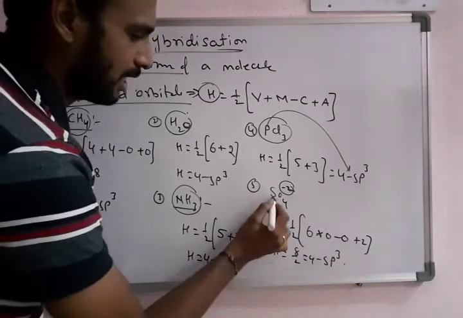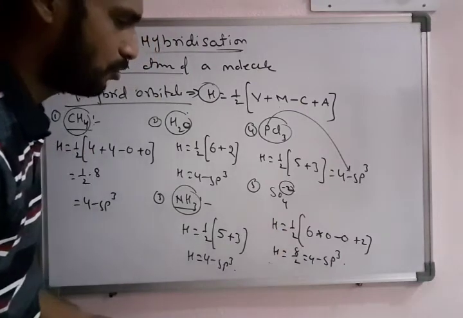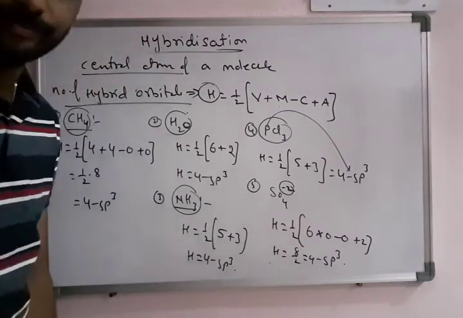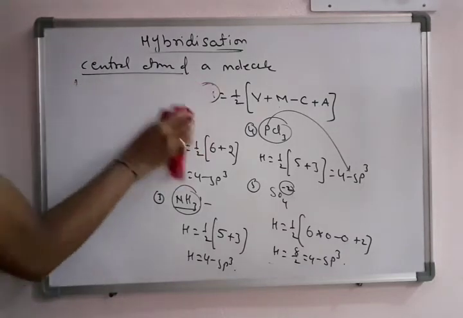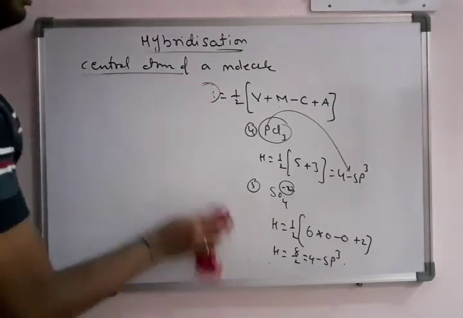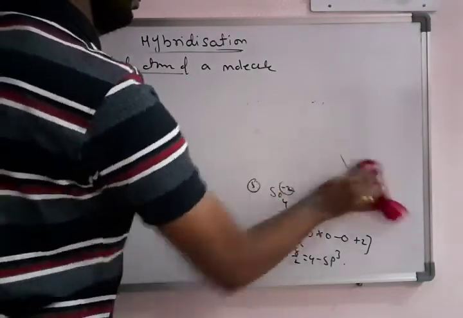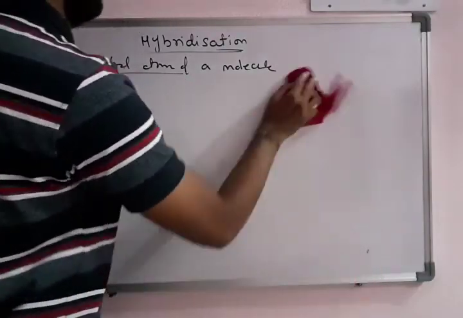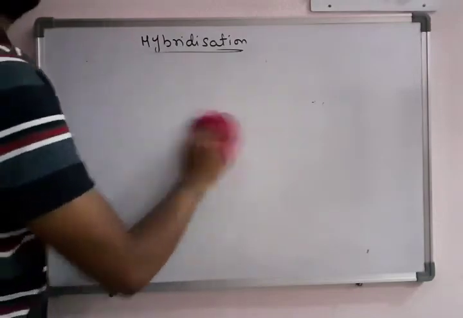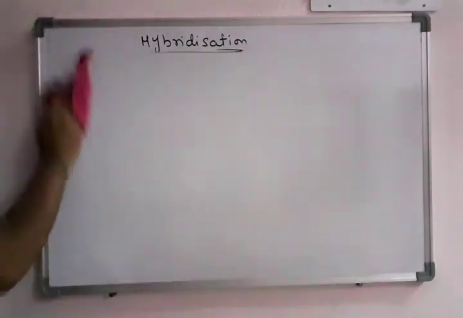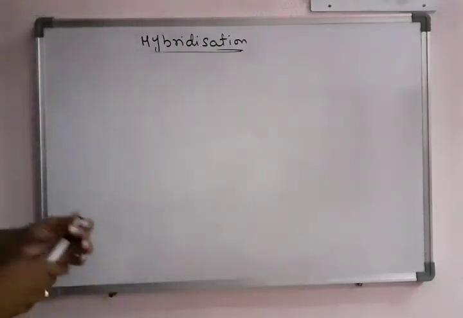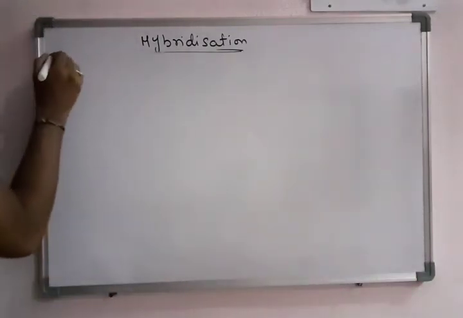The hybridization of sulfur in SO4 minus 2 is sp3. Let's see some more examples.